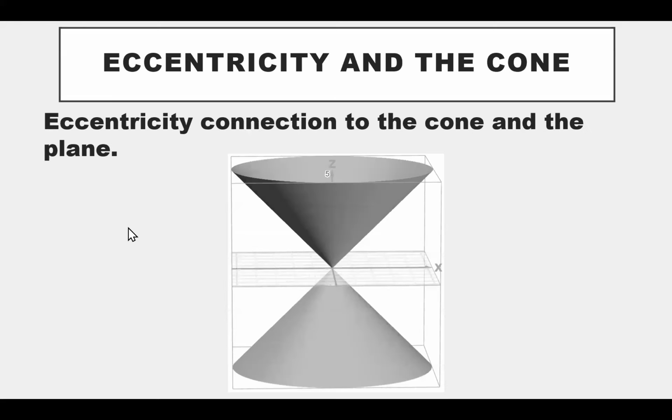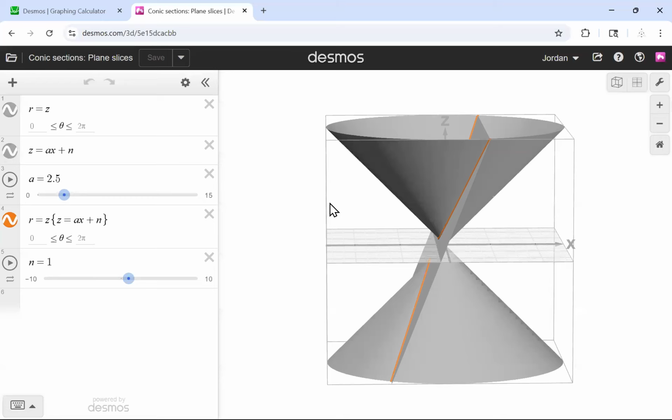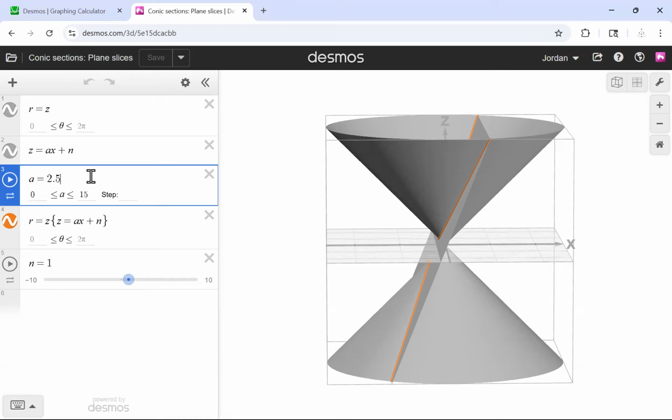Now, there is a connection between the eccentricity of a conic section and the cone and the plane in 3 dimensions that make that conic section. Let's take a look at that. So here's our graph of that 3-dimensional cone and a plane intersecting that cone.